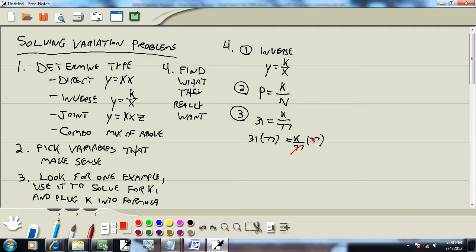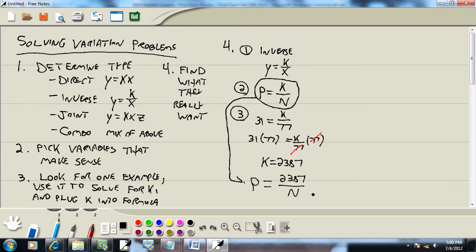When I did that, these 77s cancel, and we get k is equal to 31 times 77, 2387. And then it says plug k into the formula. The formula we're talking about is the one we're working with from step 2. So now we've got P is equal to 2387 over N.